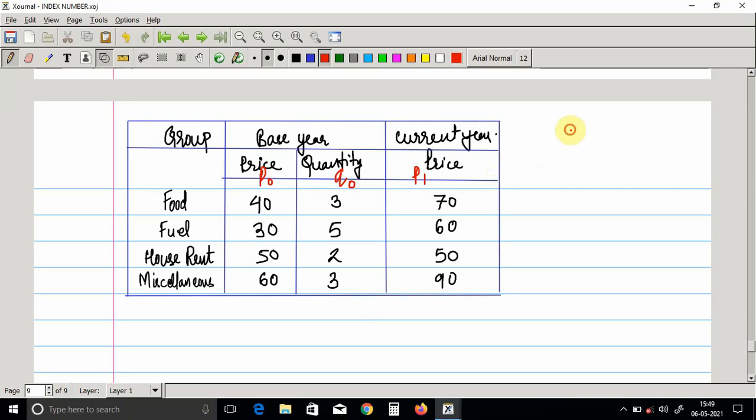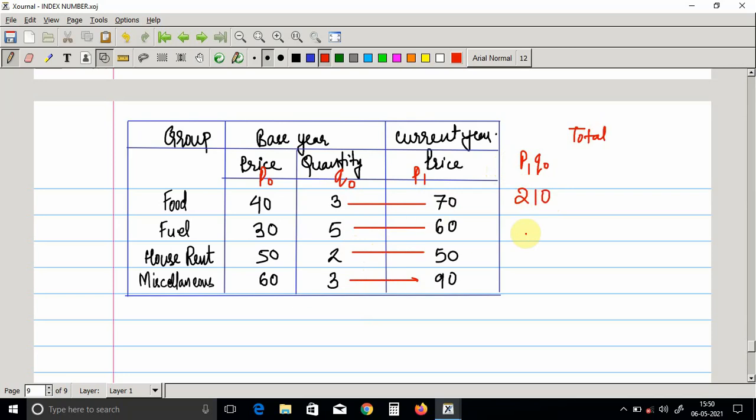So you will find total P1 rupees. P1 is the current rate, but for the previous quantities. So what will the bill be? You just need to multiply this.